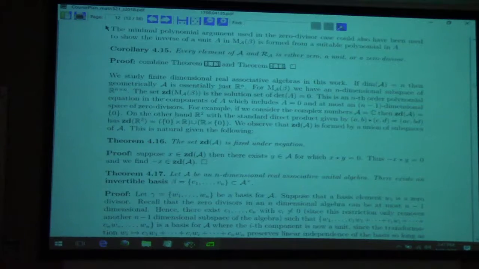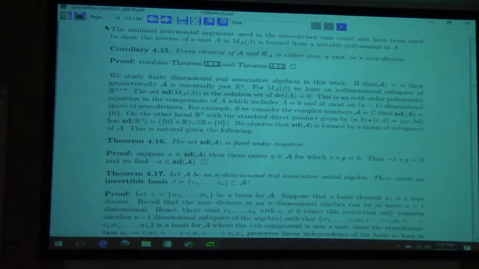Trying to think about how to say this. This is the solution set of determinant A equals 0. It's an n-th order polynomial equation in the components of A, which includes A equal to 0 and at most an n minus 1 dimensional space of zero divisors.